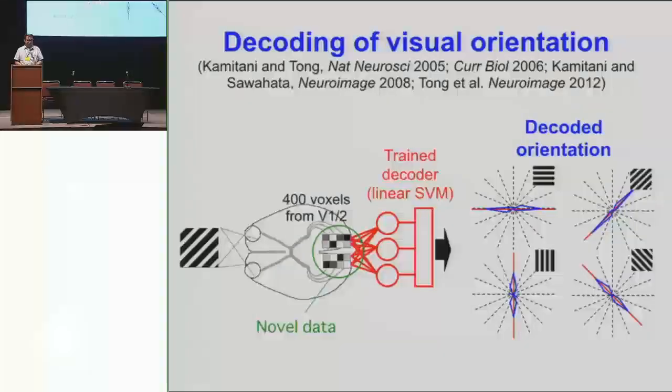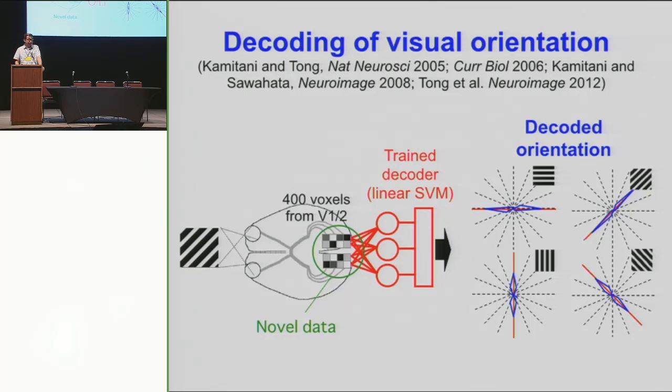I began to use this machine learning-based decoding approach in this 2005 paper. Here we tried to decode the orientation of visual gratings. The left is a stimulus, and the machine learning decoder in the middle, in red, was trained with an independent data set to distinguish between 4 or 8 different orientations.